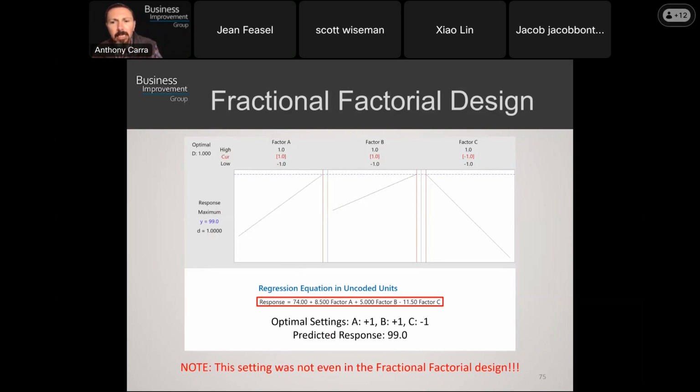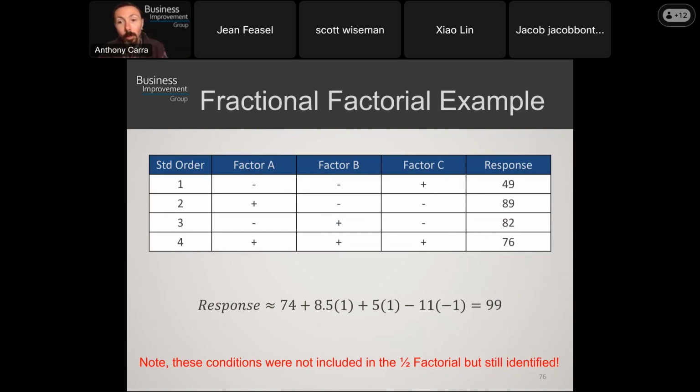And what we see, interestingly enough, is that Minitab gives us the same outcome. It tells us again, hey, for this particular data set, for this experiment, a high level of A, high level of B, and a low level of C is the best settings, right? It predicts that outcome would be 99, instead of 99.5. But more importantly, that combination was not even included in this study, right?